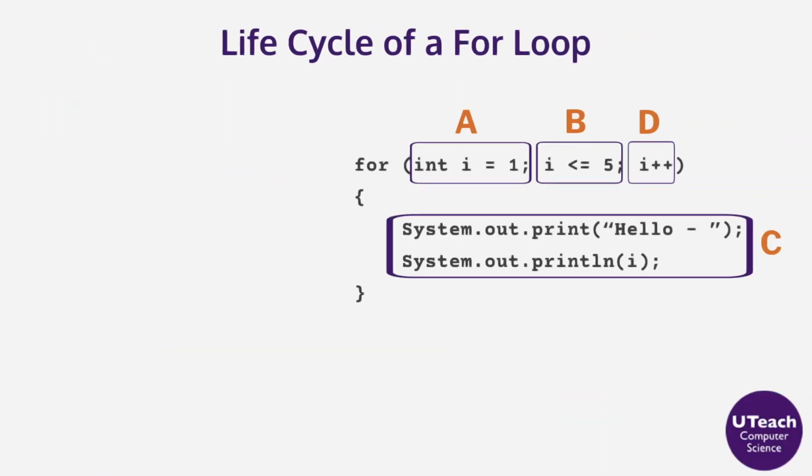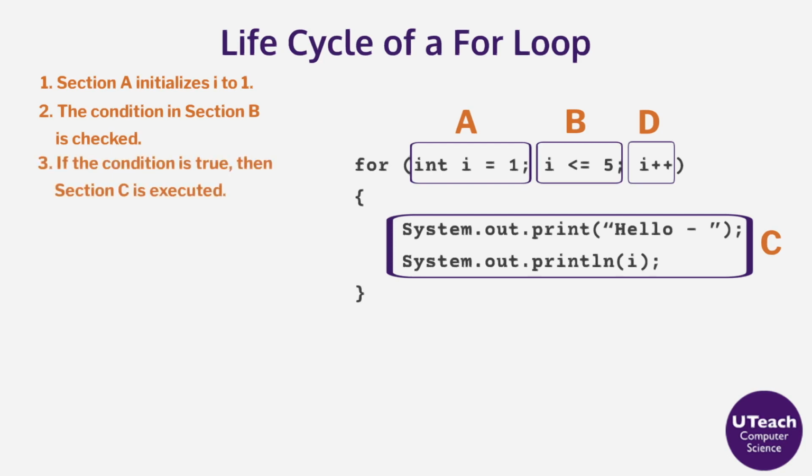The life cycle of a for loop follows these steps. Step 1. Section A initializes i to 1. Step 2. The condition in Section B is checked. Step 3. If the condition is true, then Section C is executed. Step 4.